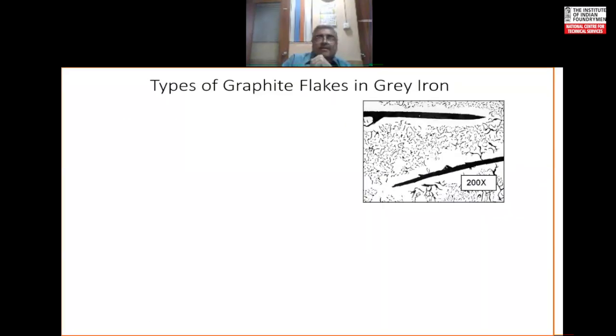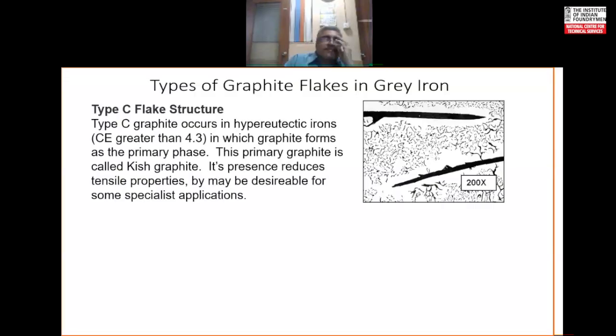The third type of structure is type C. Now, this occurs in hypereutectic irons. That means you have a carbon equivalent more than 4.3. So the primary phase which comes out of solution will be graphite. Graphite can come out at two stages: in this case the primary phase coming out is graphite, and then as austenite cools down, again you will have ferrite and graphite coming if the right conditions are there.